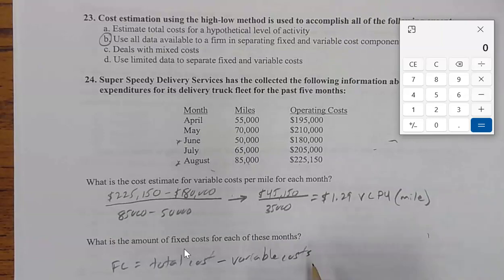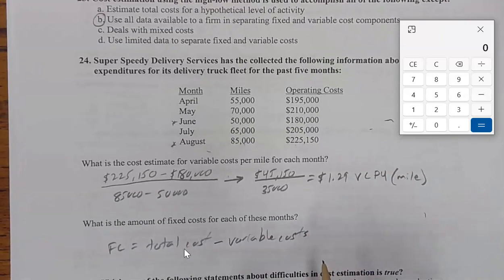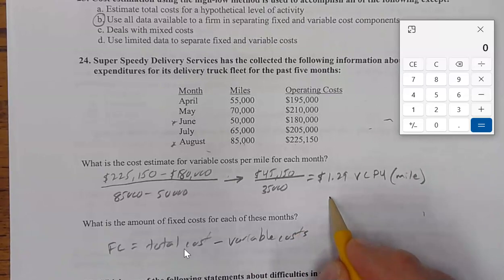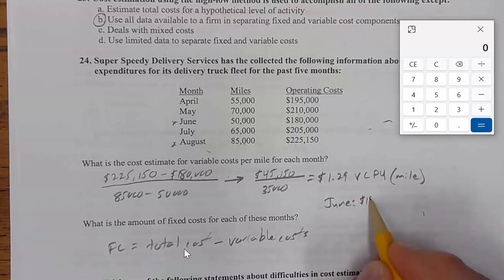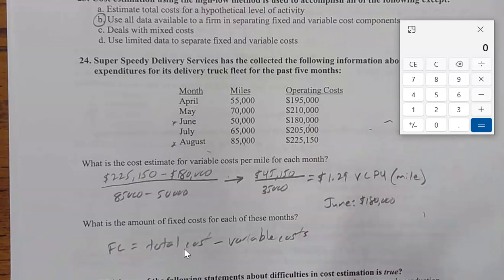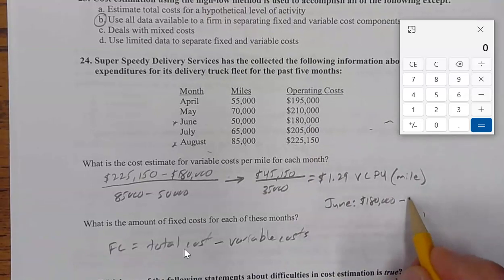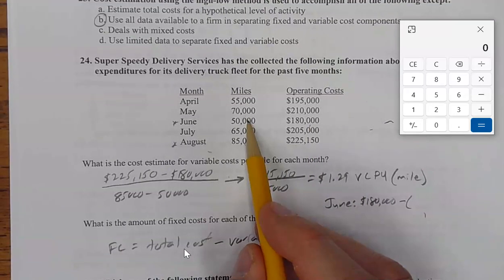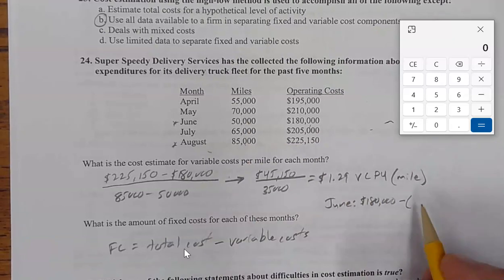Okay, so we can look at either of these months, we can look at August if we wanted to, or we could look at June, and we're probably going to look at both just to make sure that we're doing it right. So for the month of June, we would say $180,000. That's our total cost. And we're going to subtract from that 50,000 times 1.29.